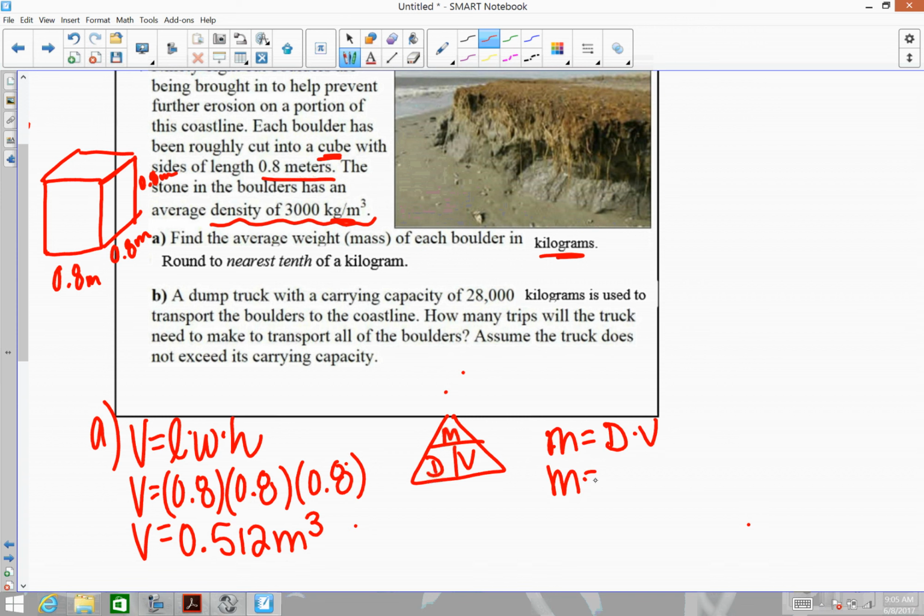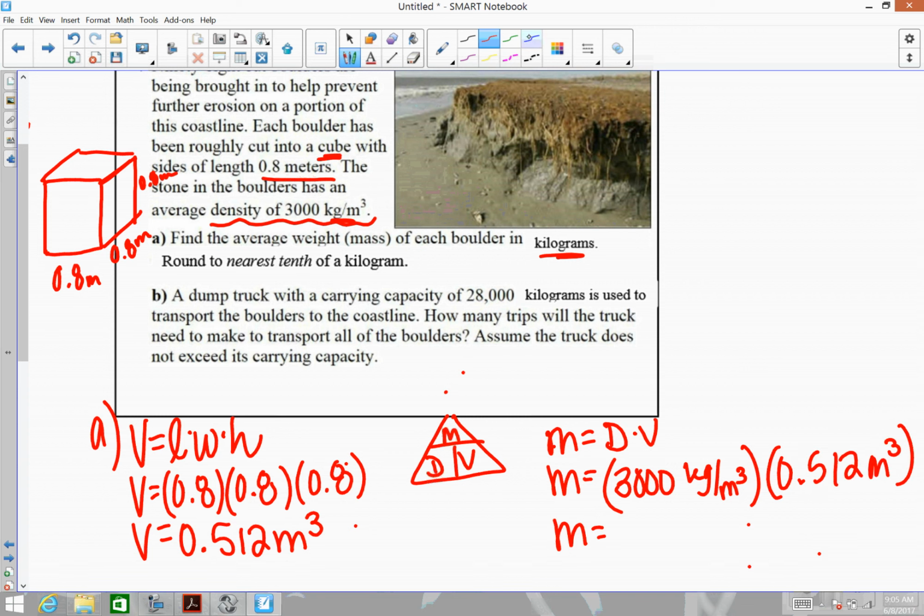So my mass is going to be the density, which is 3,000 kilograms per cubic meter, times the volume we just found. Your cubic meters cancel, multiply those numbers out, and you get 1,536, with units of kilograms.